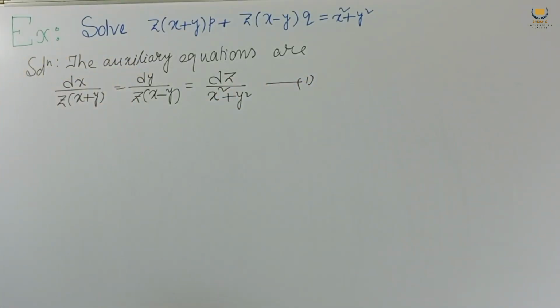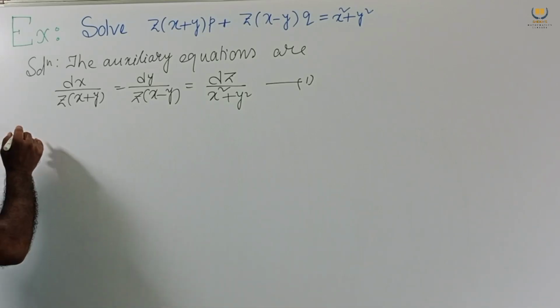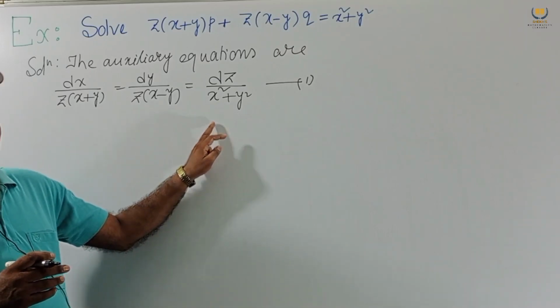Now this one is the auxiliary equation. Now our target is to find the denominator as 0.